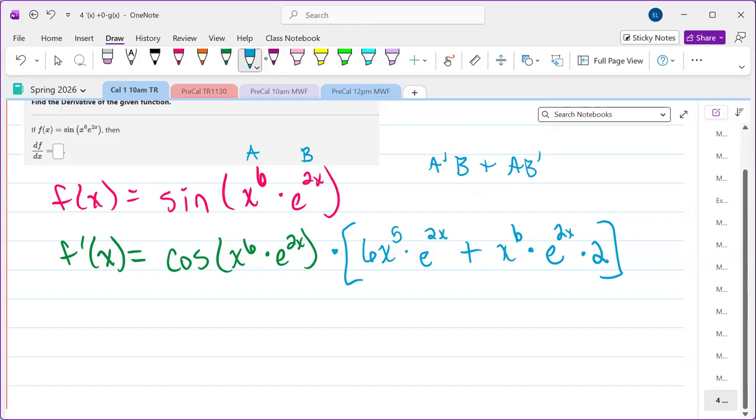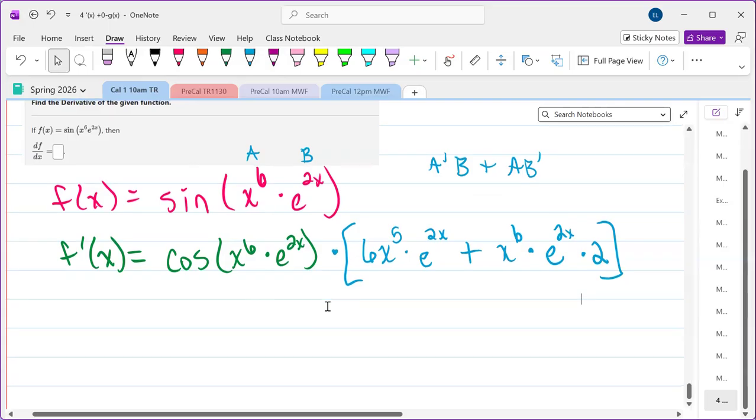So there's a whole lot of thinking on these, but not necessarily a whole lot of writing.